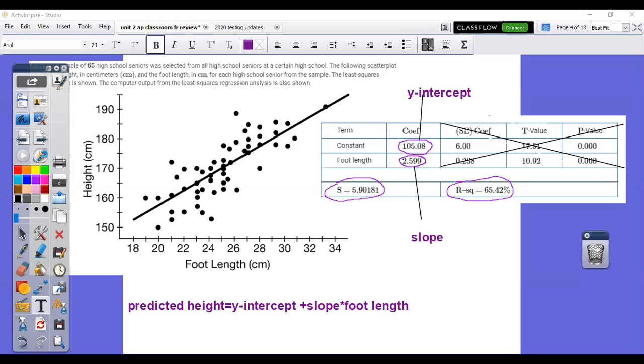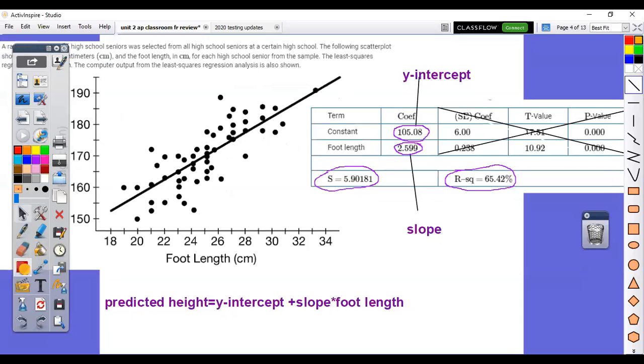Standard deviation usually measures distance from the mean, right? But we saw in part A, when we were talking about the residual, that a residual measures the distance from the regression line. So visually, we calculated the residual for this person, right?